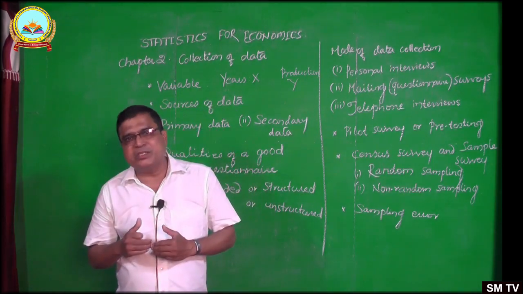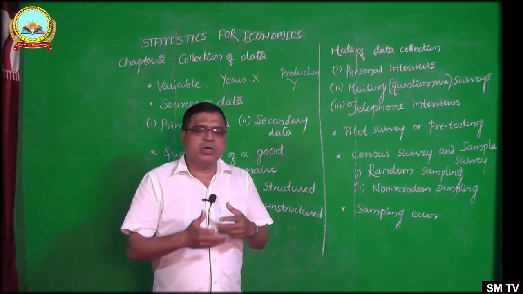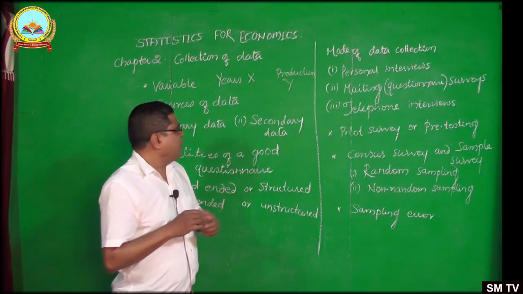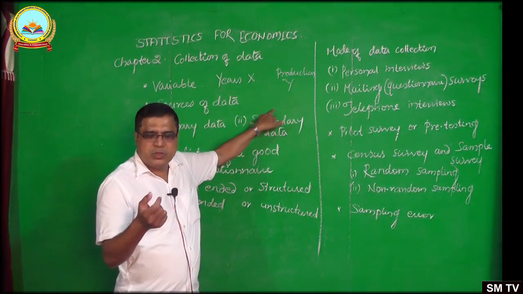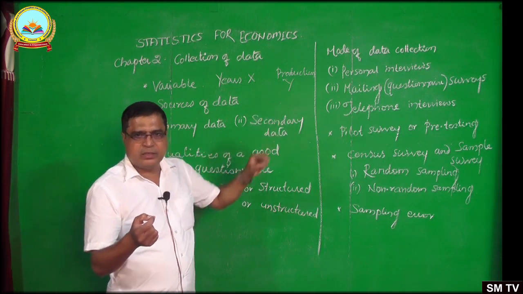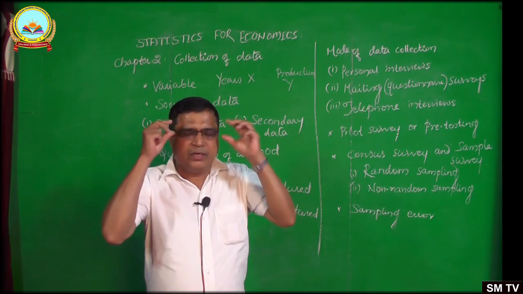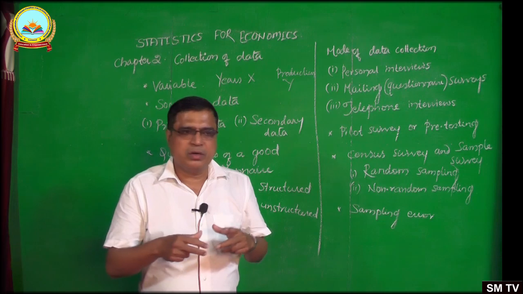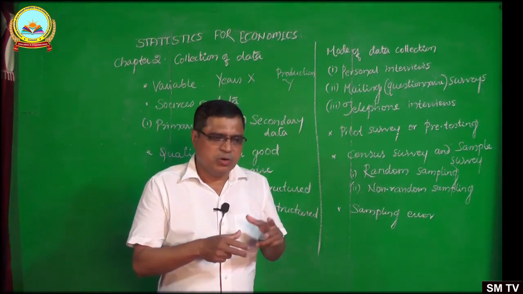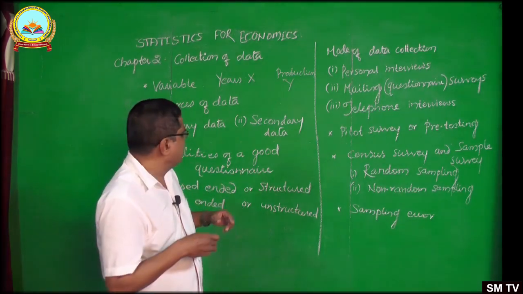If you understand the variable, then for every survey we have different variables. Now, sources of data. We need data or information or statistics, and these data have to be used in any survey, any inquiry, or any analysis of economic phenomena.